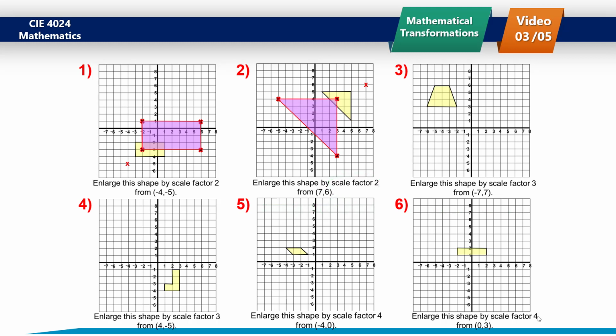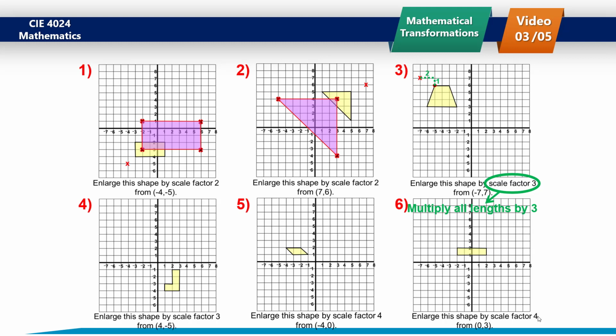So if I join, so here in question number 3, as the scale factor is 3, that means the image should be 3 times larger than the original one, the object. Taking the first vertex, we can see the distance is 2 and 1, 2 rightward and 1 downward.